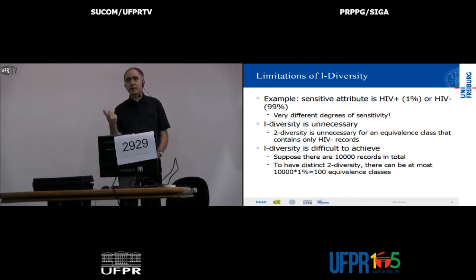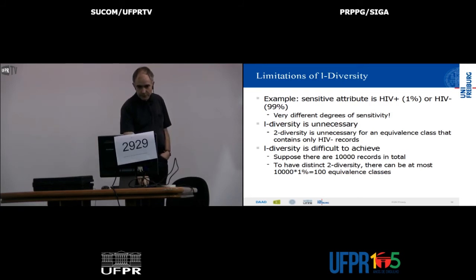That's far apart. And with l-diversity, getting an equal distribution on the other side, so you cannot distinguish between the two, is almost impossible because the data sets are so different. You don't have enough people who are ill with that disease.